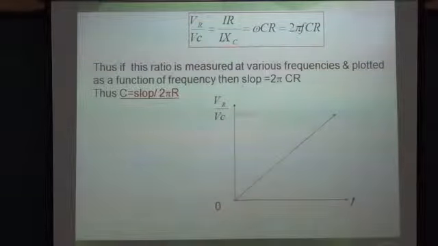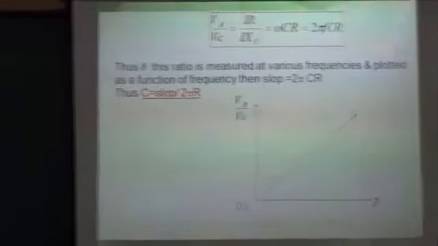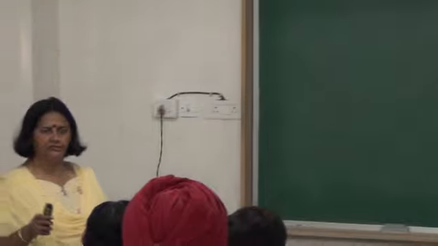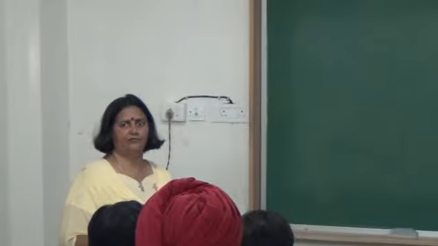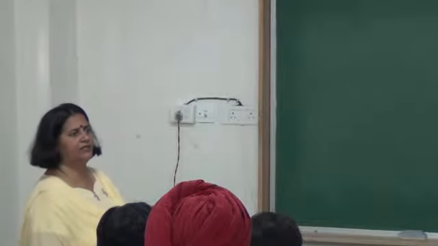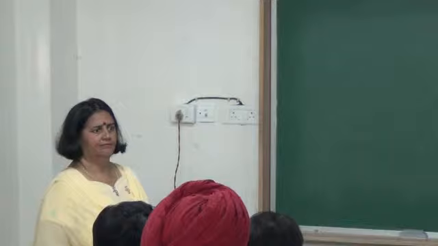Now what precaution should I take when I am doing this? It seems easy, but when you practically go to do it, how should you choose the frequency? You can't say start from 0 to infinity. That takes so many readings. You can decide what is the order and where I want to take the readings.